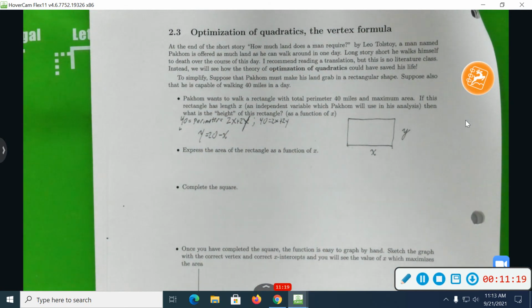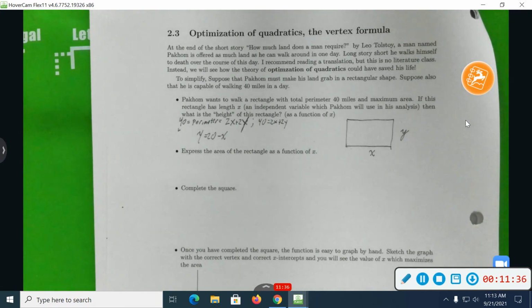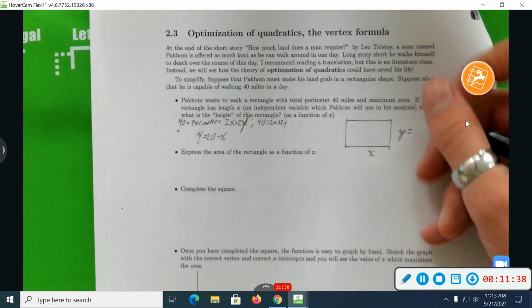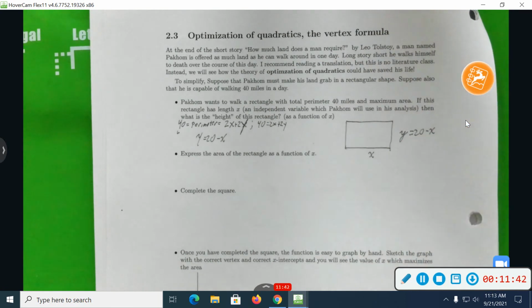So the reason I did that is right now the analysis involves two variables. And to do analysis over two-variable problems, you need some more sophisticated techniques. And so I'll just try to imagine away one of the variables to begin with. So now I have this parameter y given by 20 minus x.